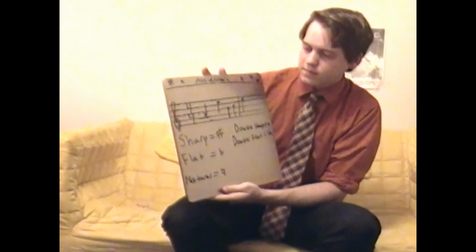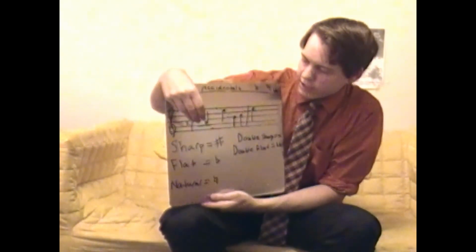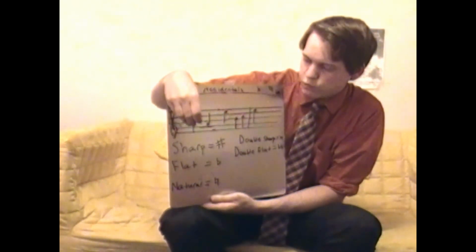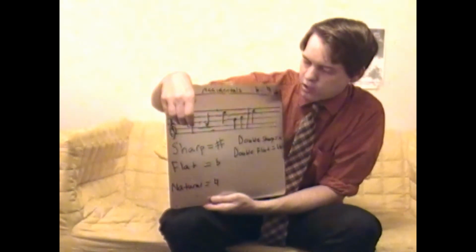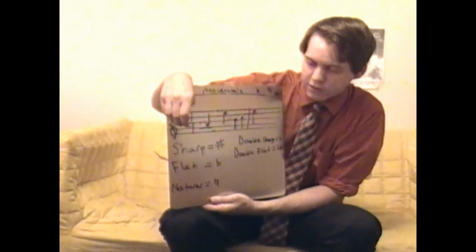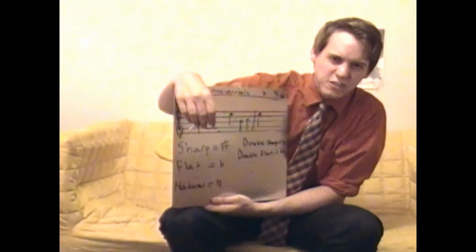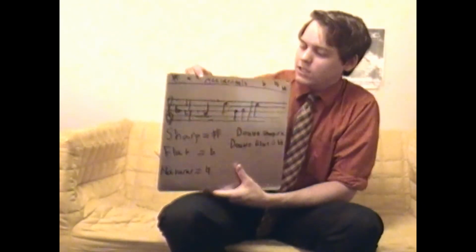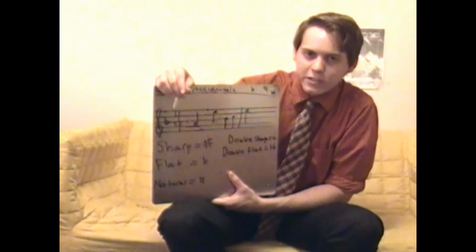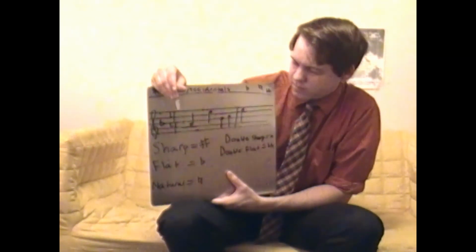So right now, right here is where our key signature would be, right in between our meter and our clef, and there's nothing in there. That means that it's either C major or A minor. And again, we'll cover this in a different video. But if we add one flat next to it, we are now in the key of F major or D minor.